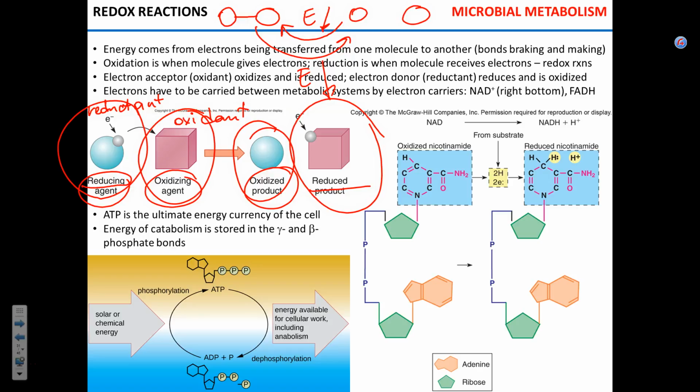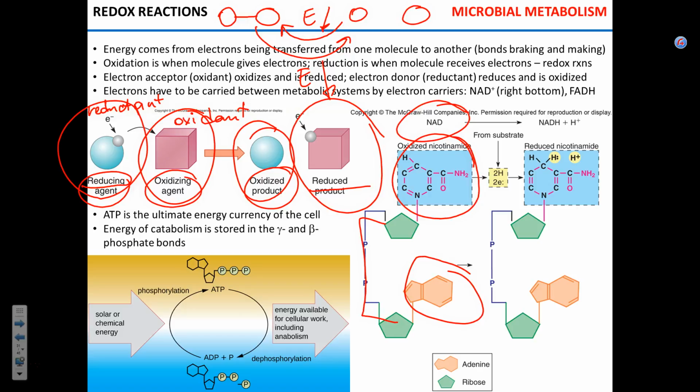Does that make sense? So in the cell there are electron carriers, of different types. One that you know almost for sure is NAD, nicotinamide adenine dinucleotide. You don't have to know the exact words for the acronym, but the acronym NAD you have to know.